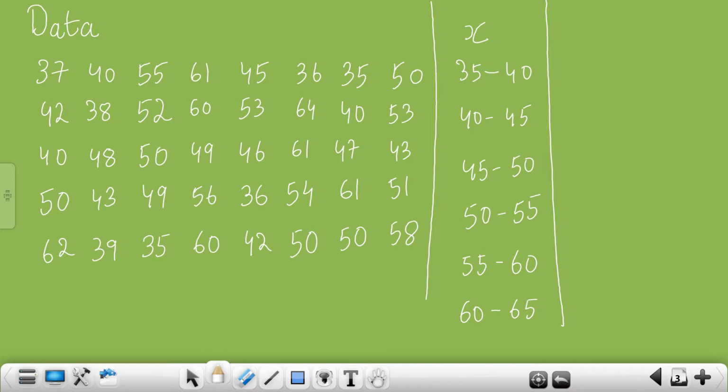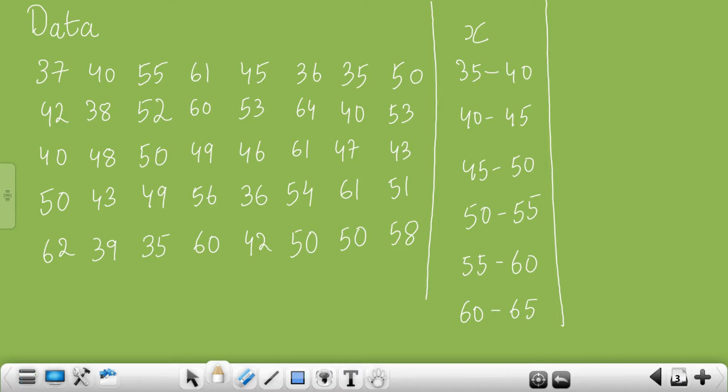Now we have taken it as per our convenience, so you can decide the class intervals. It is highly suggested that you have equal class intervals across the data set, and that would help you. So we have the lower limit of the first class as 35 and the upper limit as 40.